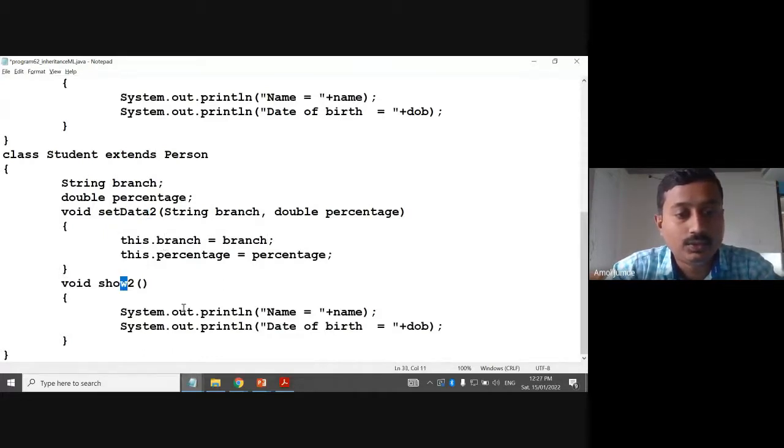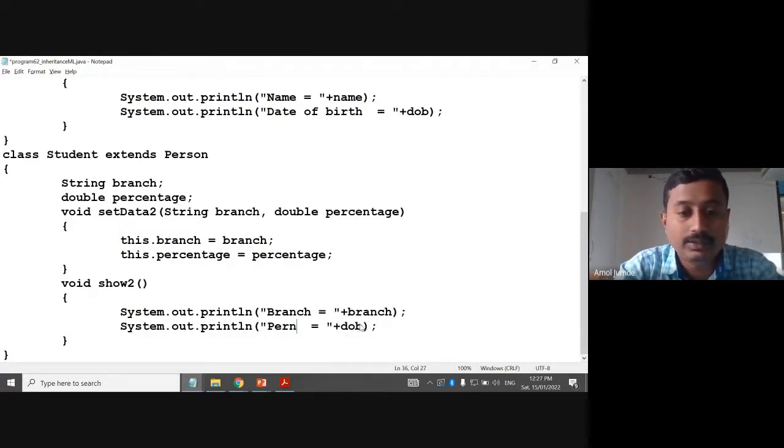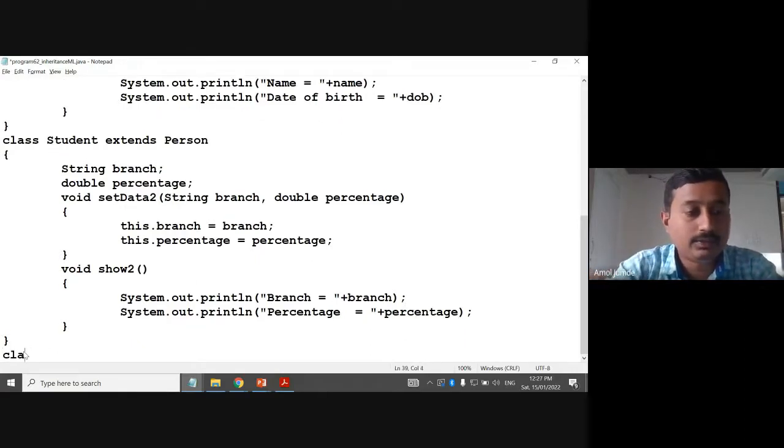Then show 2, so here his branch is equals to branch and his graduation percentage equal to percentage. Okay, so student class is done, so single inheritance is achieved then. Now employee will be a student, right?